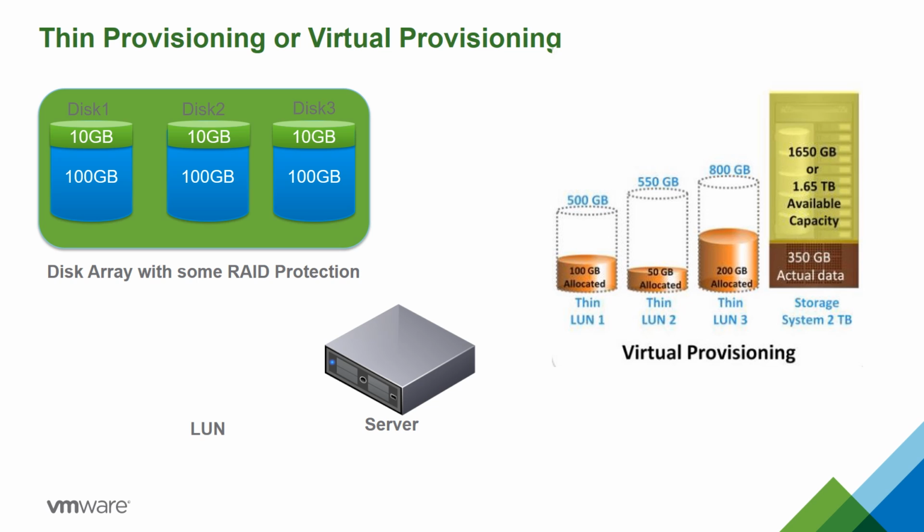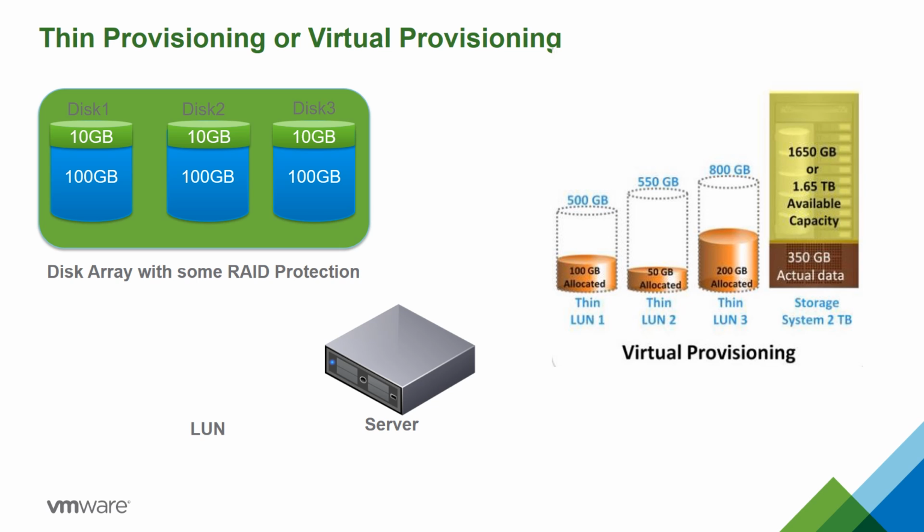Once he consumes that 1 GB, another 1 GB block allocation would happen. Once he consumes that second 1 GB, another block will be allocated. Thus, block by block or chunk by chunk allocation takes place when the server needs it. So this process is called thin provisioning or virtual provisioning, or very popularly known as on-demand provisioning.